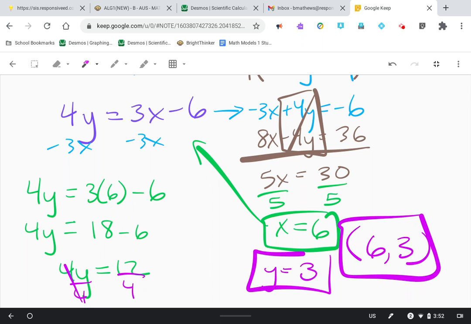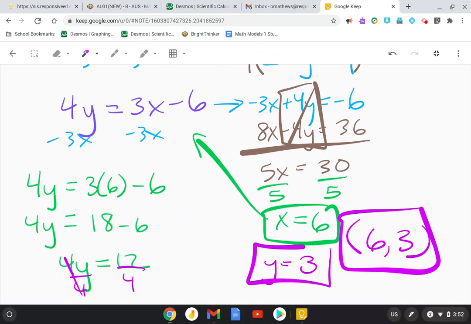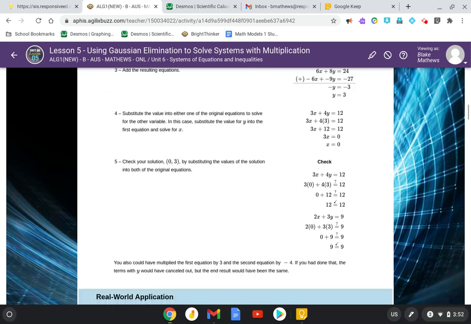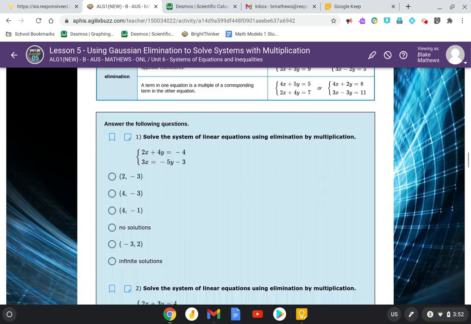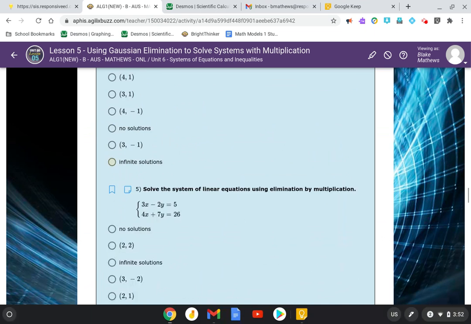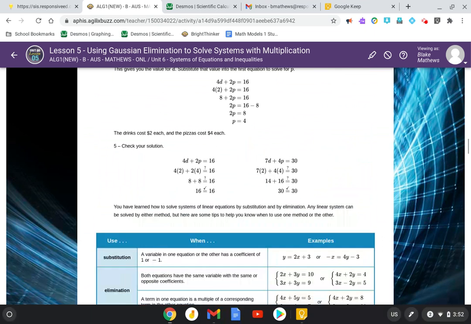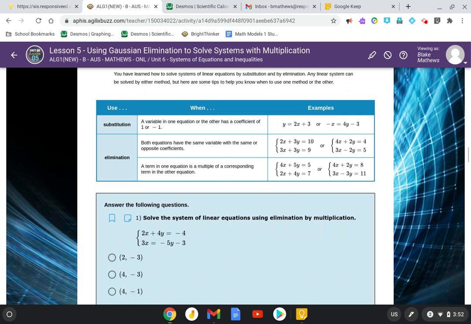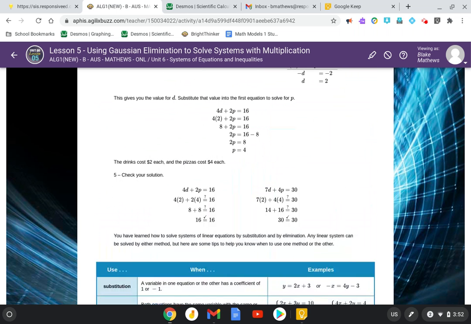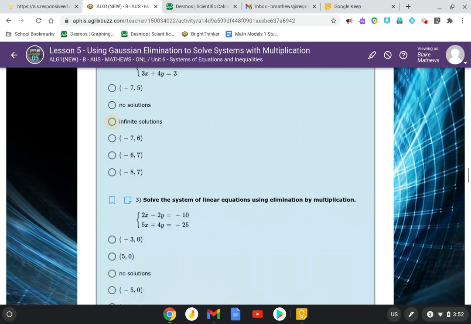All right, so those are a bunch of examples of how to do elimination with multiplication. But I want to say something before I close out. Looking at the lesson really briefly, you've got a bunch of these examples. So just do those problems.